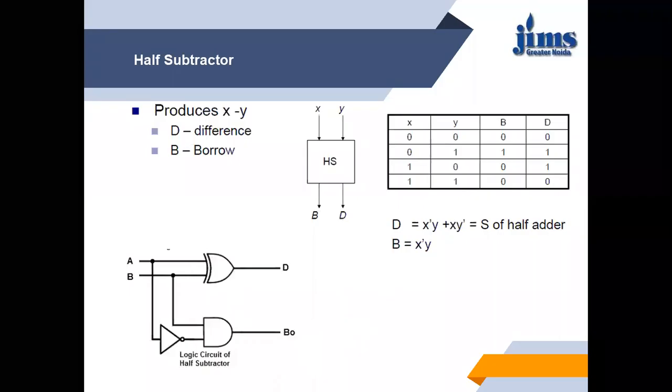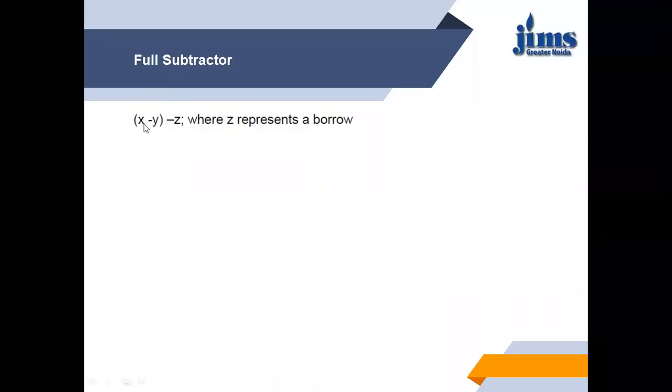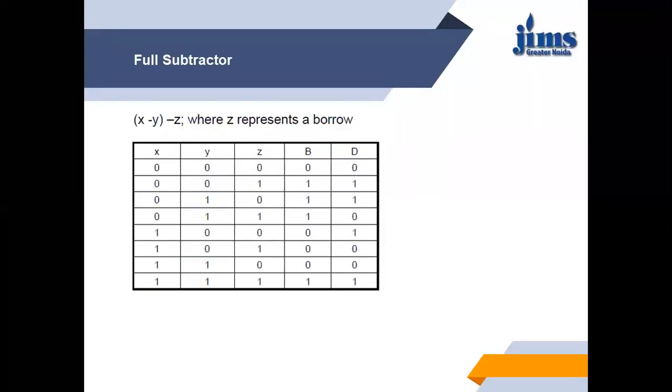What we do is first subtract y from x, then whatever the result, z is subtracted from that particular result. So here inputs will be 3, x, y and z, and outputs will be 2, Borrow and difference.